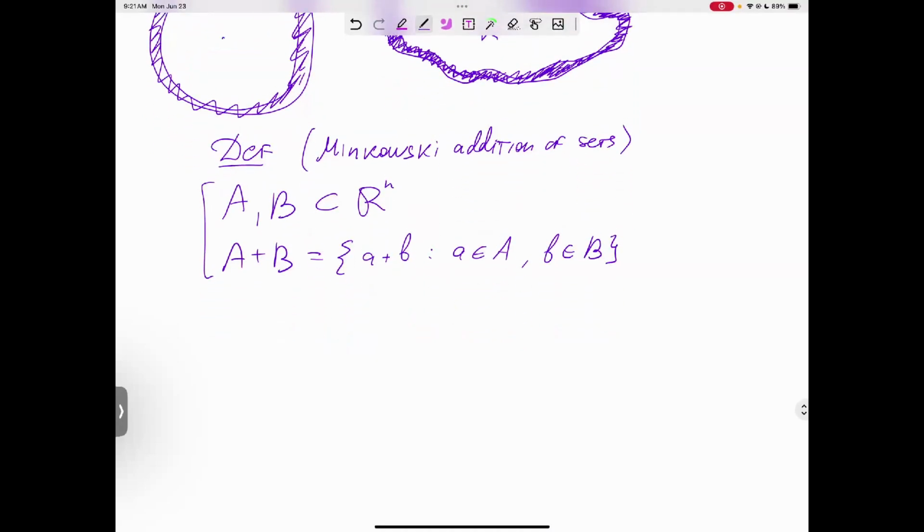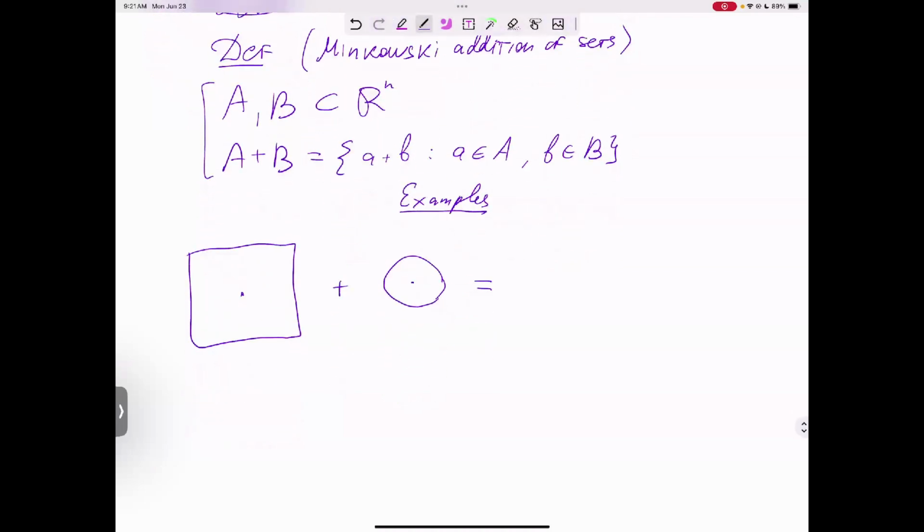So let's consider some examples. Let's consider an addition of a square and a ball, for example. How will this look?